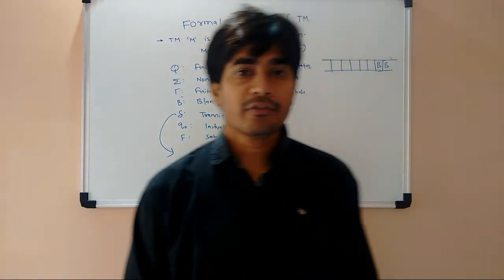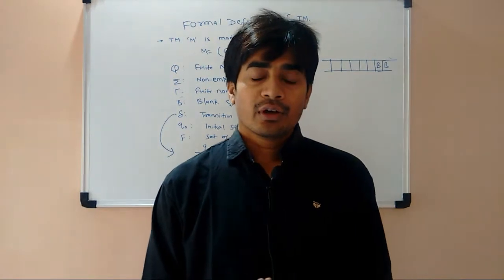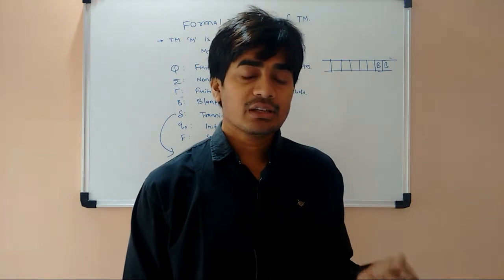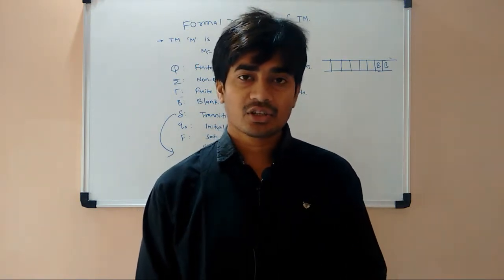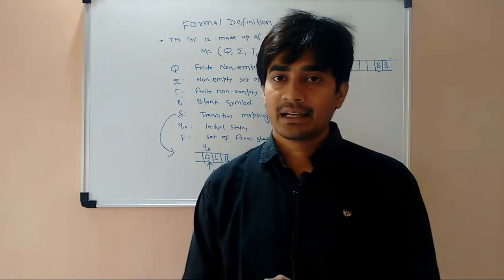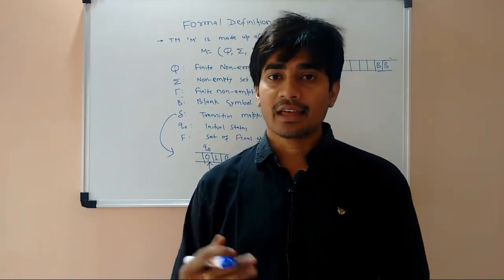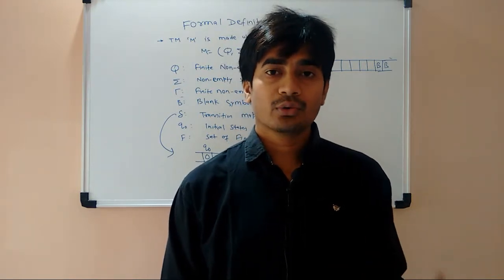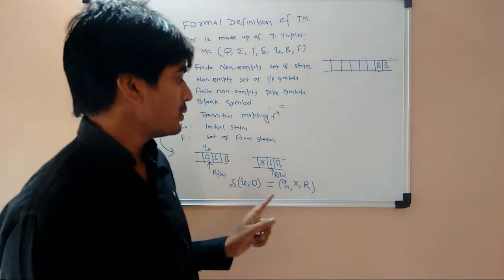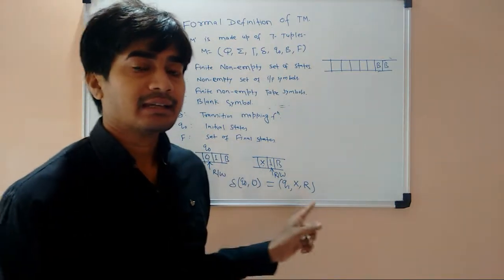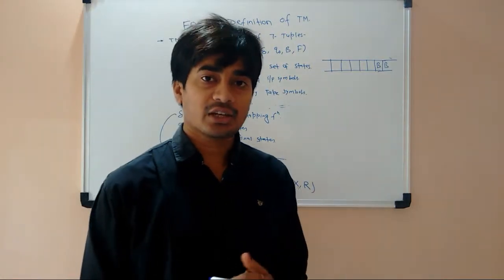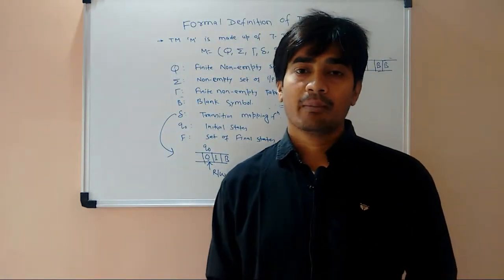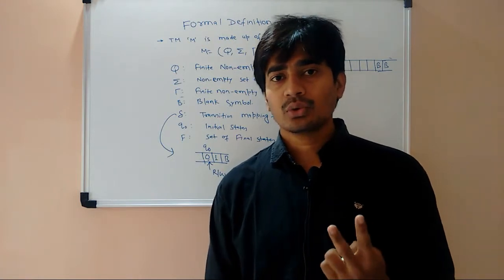Friends, in DFA, if the machine reads a string and goes to the final state, then we say the string is acceptable. In the case of a Turing machine, if the machine computes a string and halts on the final state, then we say the string is accepted by the Turing machine. There are two cases.